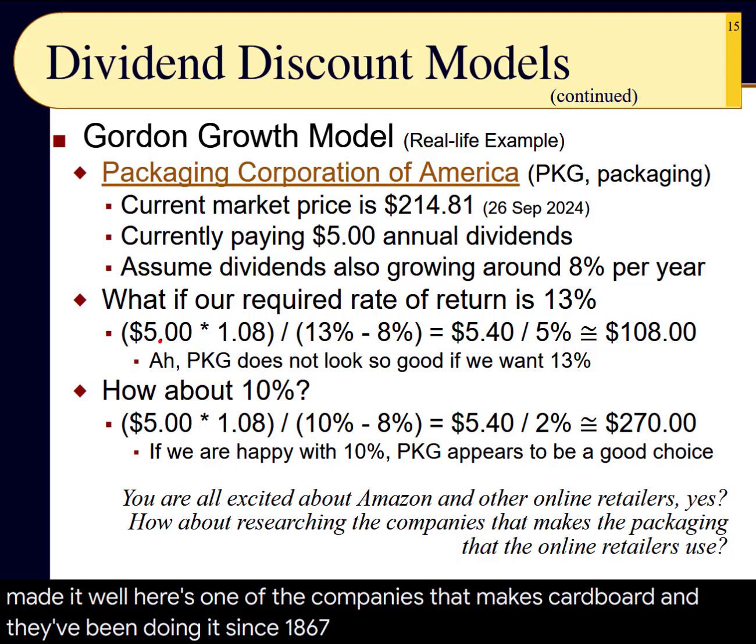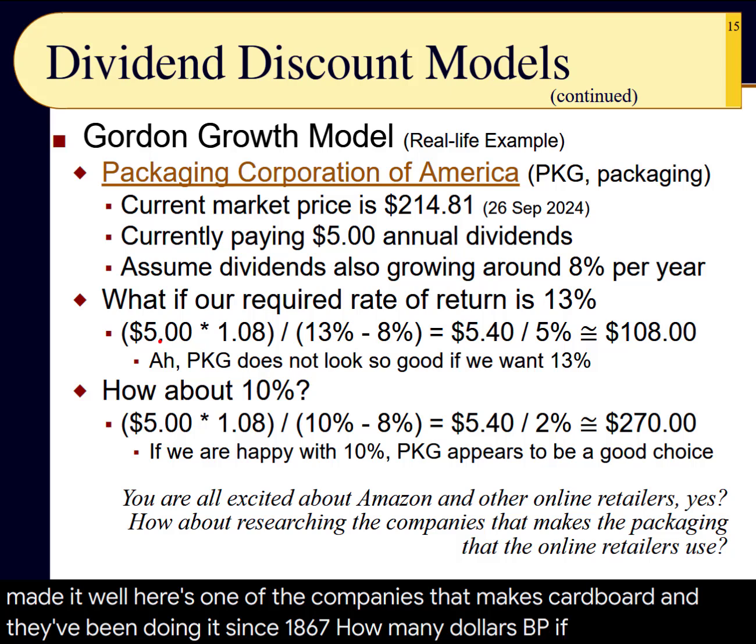But if we lower our required rate of return to 10%, then the calculation is very different. $5 times 1.08 divided by 10% minus 8% gives us $5.40 divided by 2%, or $270. Yippee.